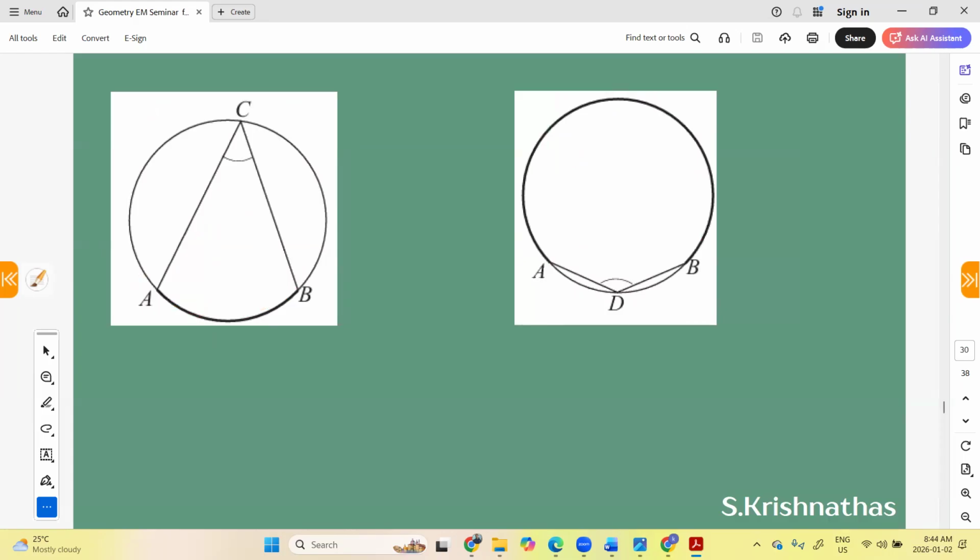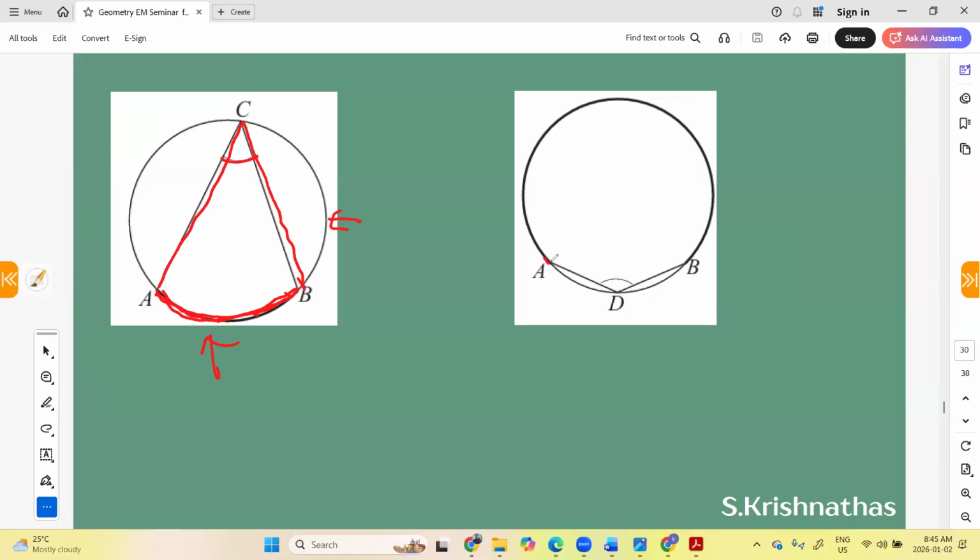One more thing. Here, student, this is the minor arc. In this circle, this is the arc we mentioned, and this is the remaining part of the circle. So the minor arc subtends an angle at the remaining part of the circle.